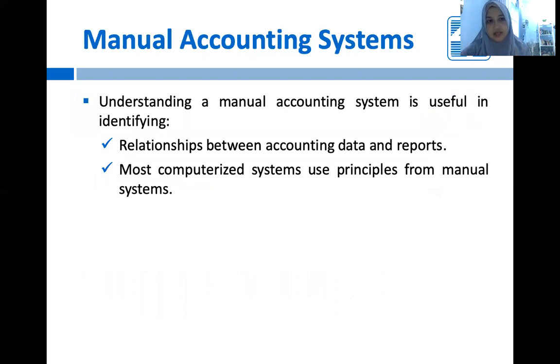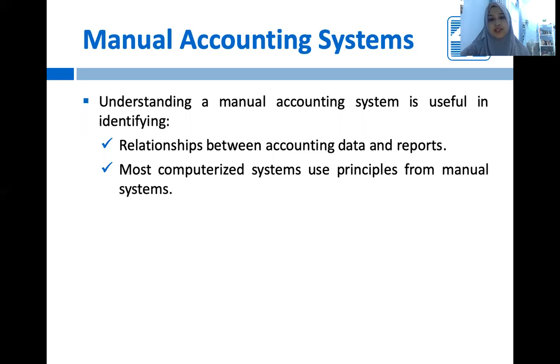Okay, we'll be understanding and exploring the manual accounting system first. Why is there a need to understand the manual accounting system when we are in a totally digital world now? Because understanding a manual accounting system is useful for understanding the relationship between the accounting data and reports. The computerized accounting system also uses the principles from the manual system.